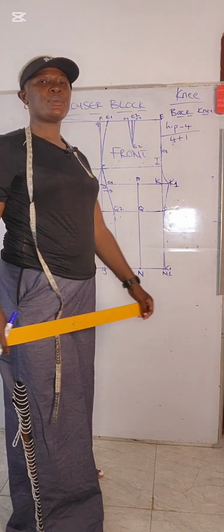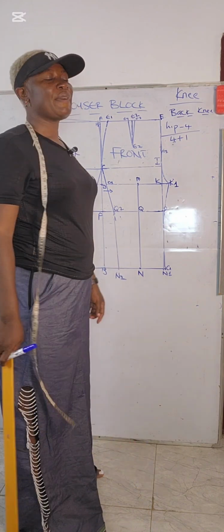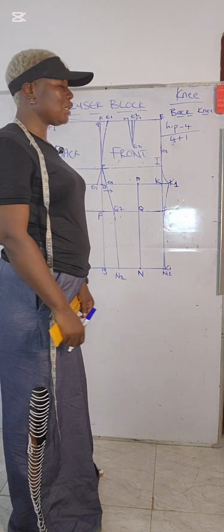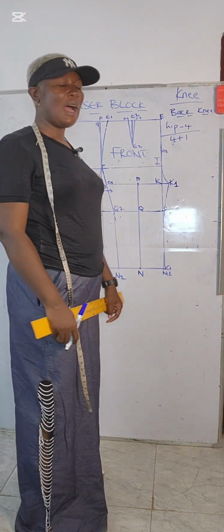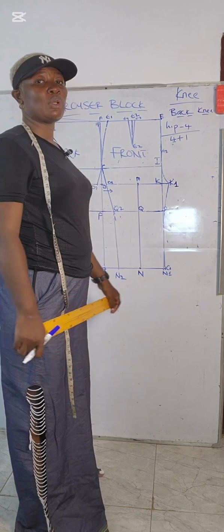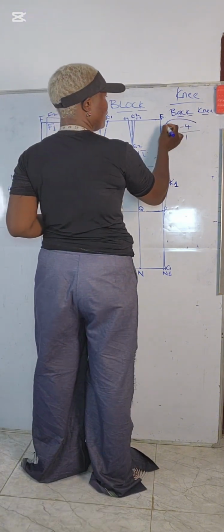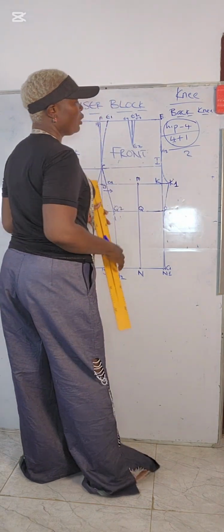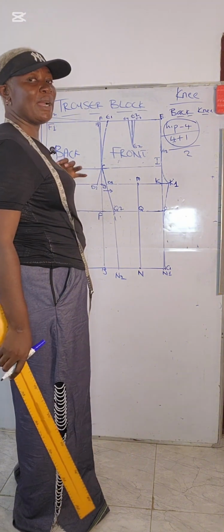What is our hip? My hip is 44. 44 minus 4 is 40, divided by 4, I have 10, plus 1, I have 11. So my total measurement is divided by 2.